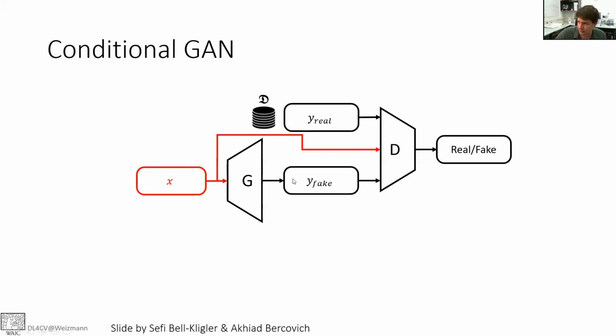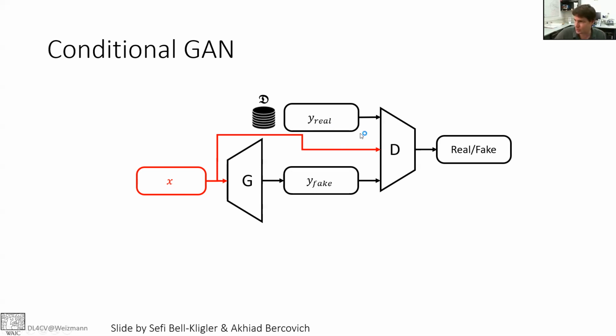be a Y. You have the real Y's, but a key difference is that the discriminator, whether it gets a real Y or a fake Y, also expects to always get an X. So the discriminator wants to receive pairs of images as its input.